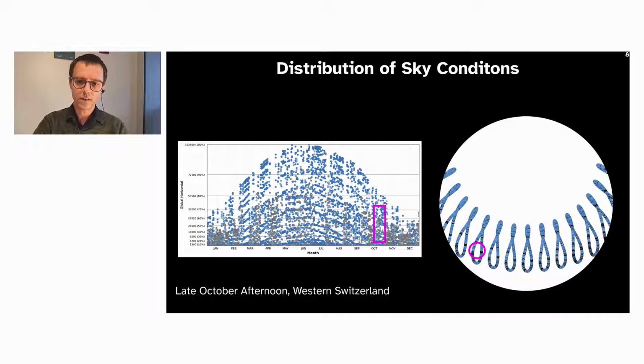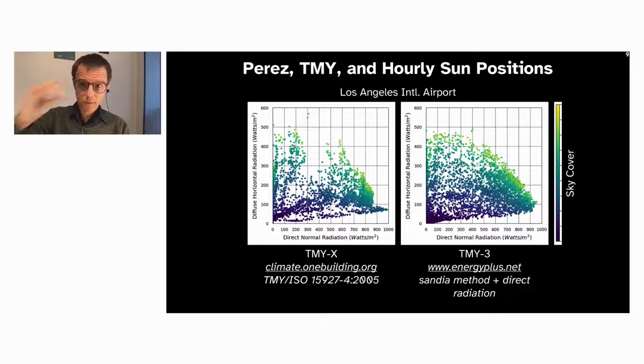So how representative are the sky conditions we typically use? The representativeness of the sky is determined by two things: the selection procedure for the sky conditions and the model used to translate the measured values into a sky distribution. Regarding the first, here is data from two TMY sets for the same site and similar collection periods. The only difference is the standard used to select the typical values. The difference between these two distributions is explained by the different weightings applied to all the weather measurements used to determine what is typical.